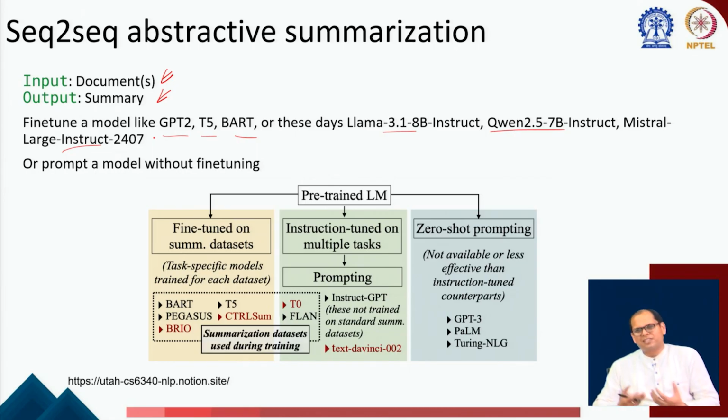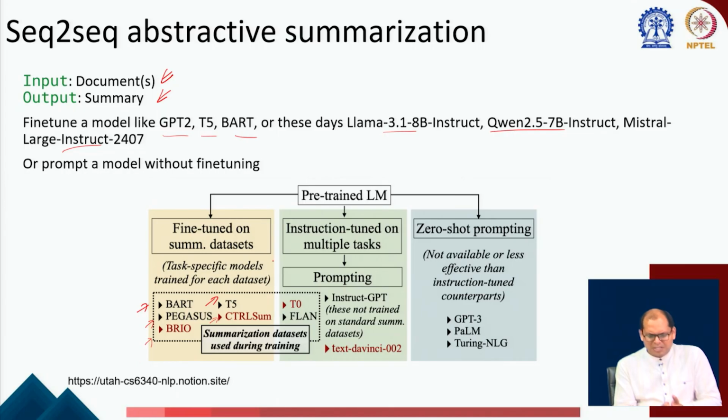So various kinds of approaches are possible. BART and T5 are general models that we have talked about. Then Pegasus, CTRLsum and BRIO are specific models for summarization. You can start from these models and further fine tune them on your task. That is a very standard approach.